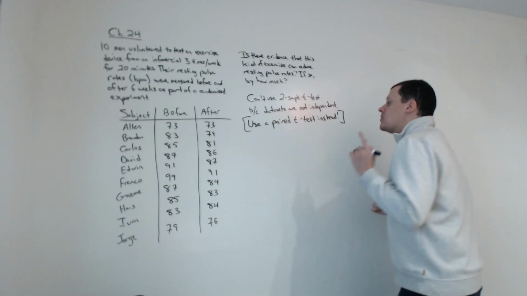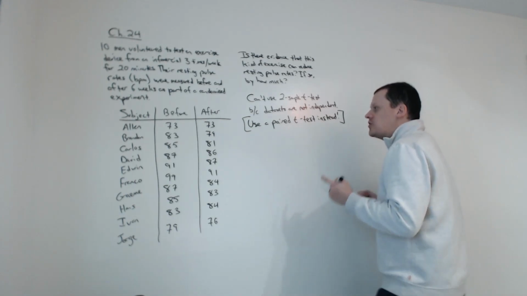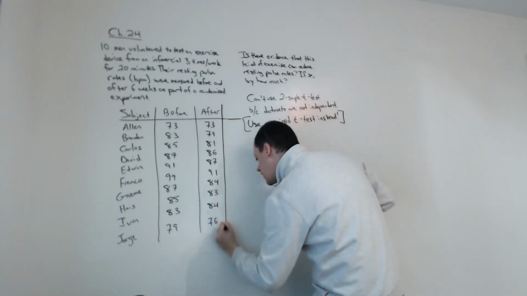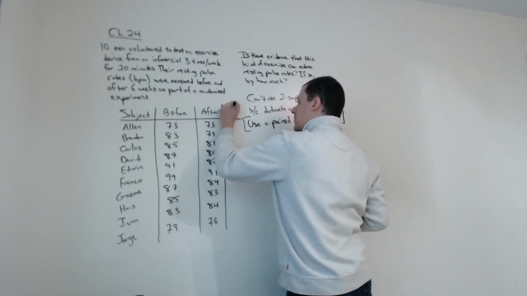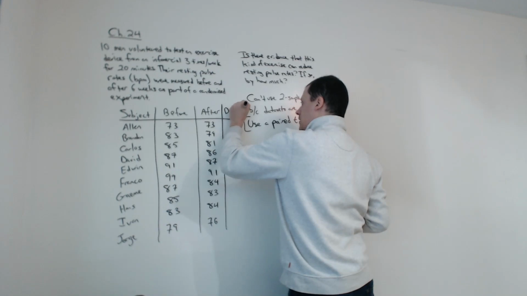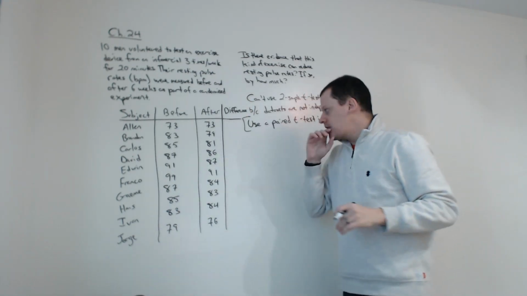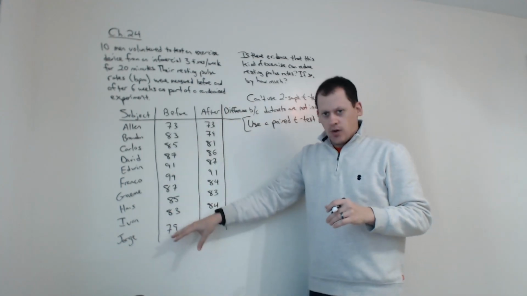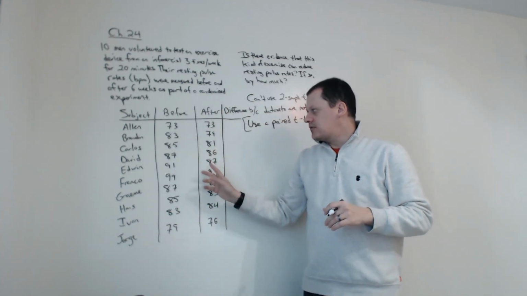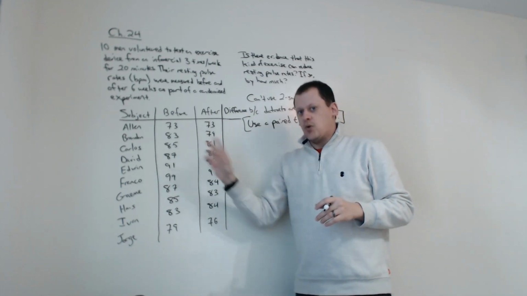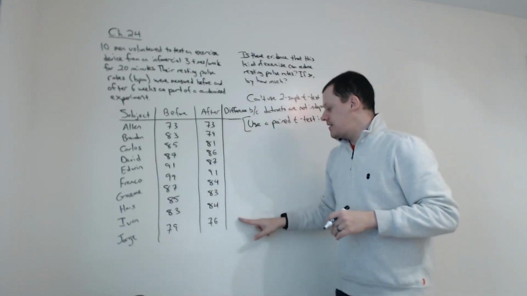Okay, so what we're going to do is, in our little bit of space here that we have, calculate differences. And there are a couple different ways to do this. With a relatively short data set like this, with numbers that are fairly small, you could probably just do it in your head and write down the differences here.